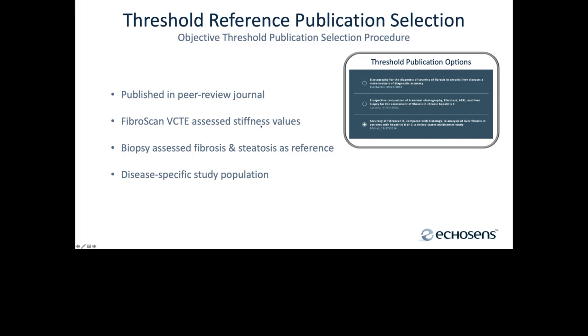It has to compare those liver stiffness values from VCTE to biopsy for both fibrosis and steatosis. And finally, the publication has to match the disease that the patient actually has. So over on the right side, you can see an example of threshold value options that would be shown.